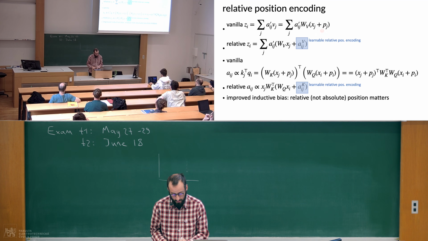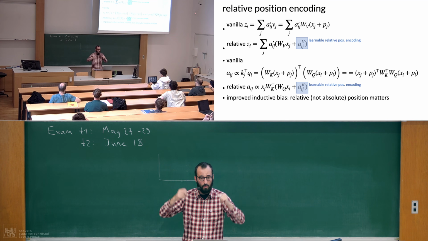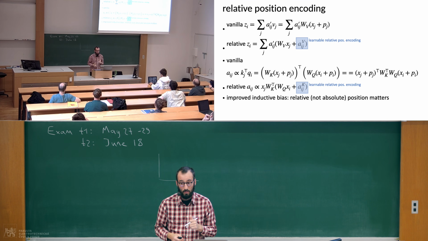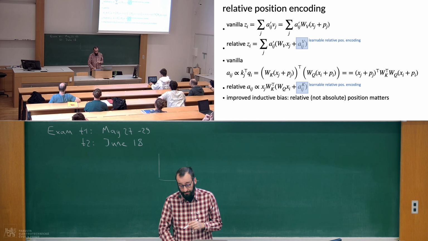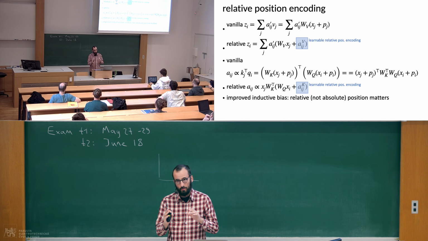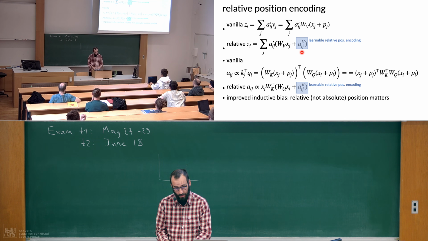Now, instead of having this term, which depends only on position j, we add an embedding that depends on the relative position. So now we learn more embeddings because it's a pairwise thing. Actually, that's not accurate. We don't learn more, because it's a relative position.